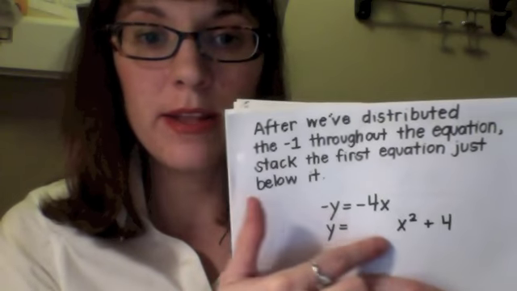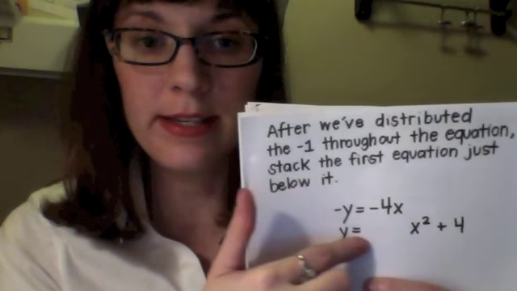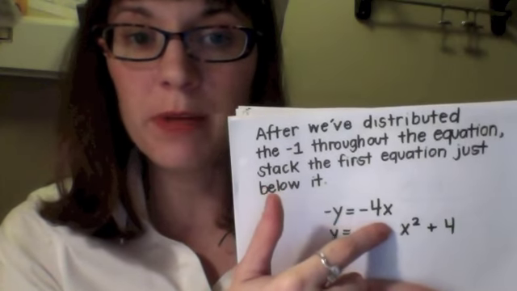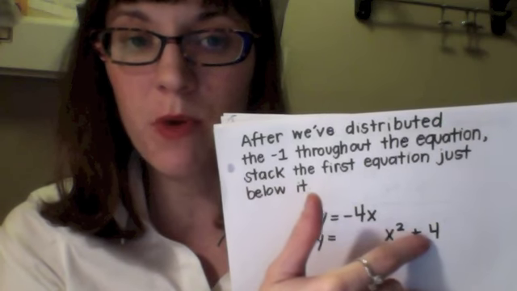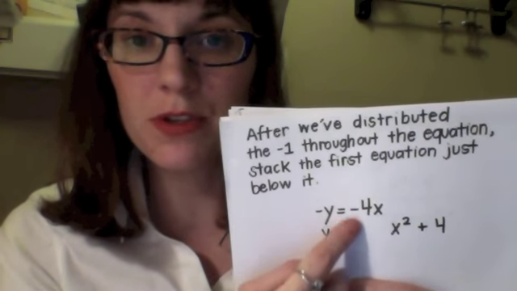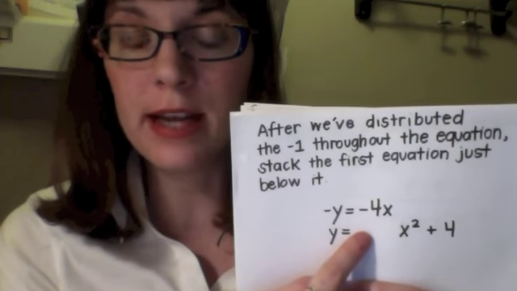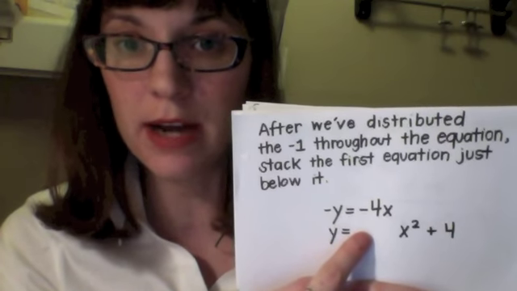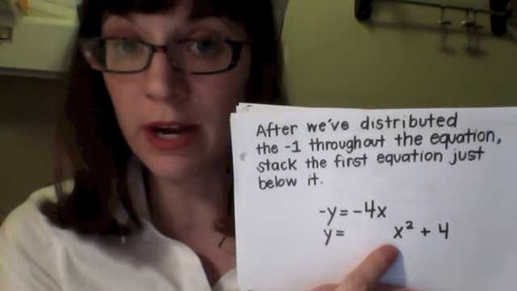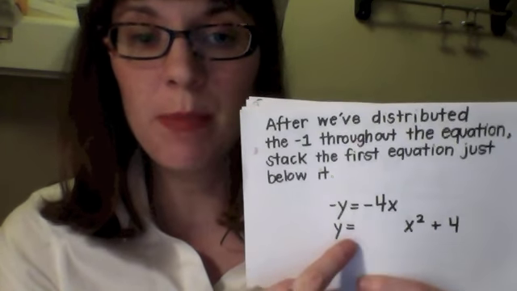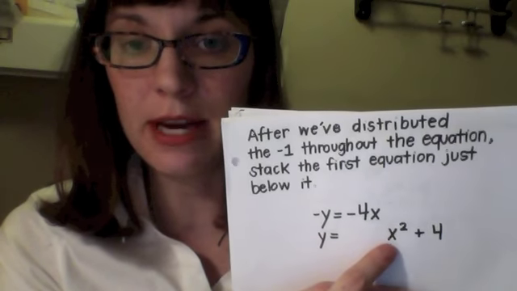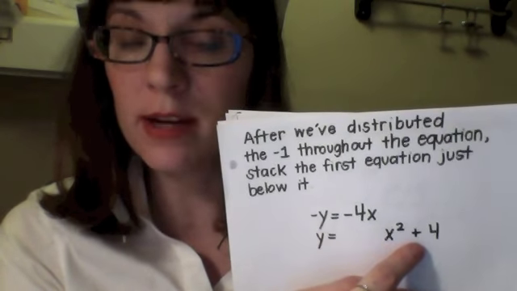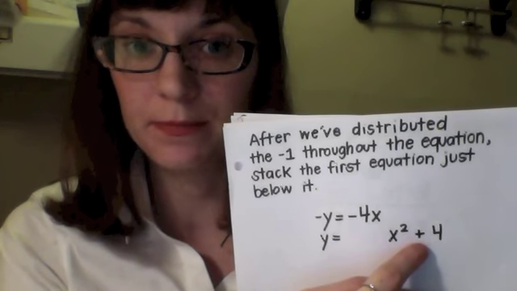You'll note that in the second equation here that I listed, there was no variable x with an exponent of 1. There was no match, so I made sure not to stack any term just below -4x. X squared did not have a match, so I put it on the second line out in space. Same with my constant, the number 4.